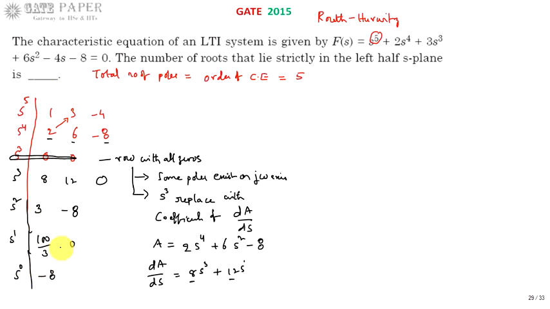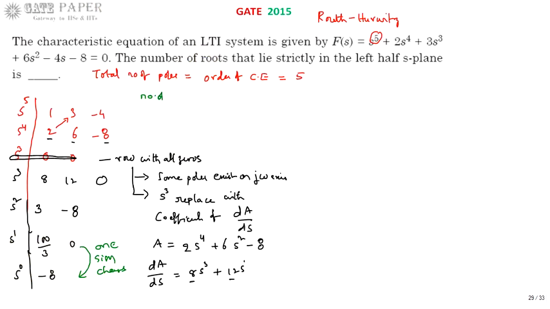So there is a sign change taking place from S1 to S0. The number of sign changes indicates the number of poles on the right hand side. Since there is only one sign change, occurring from the S1 to S0 row, only one sign changes.